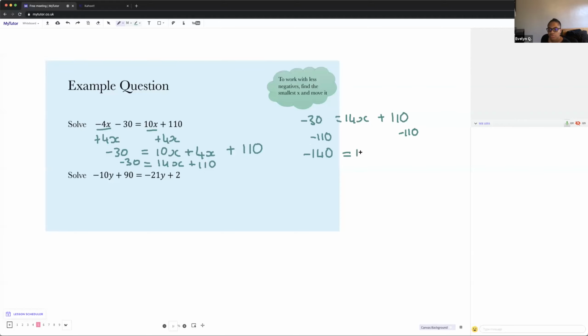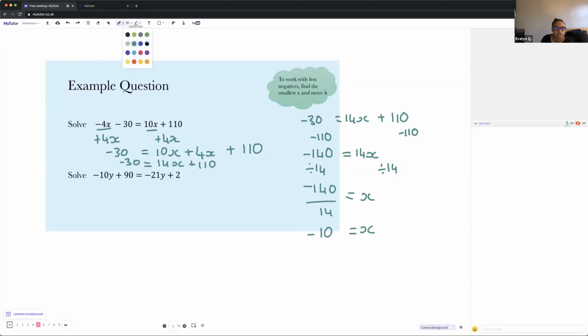So minus 140 equals 14x. And then the last thing I need to do is divide both sides by 14. So I've got minus 140 divided by 14 equals x. Now minus 140 divided by 14 is minus 10. So x equals minus 10 for the first one.